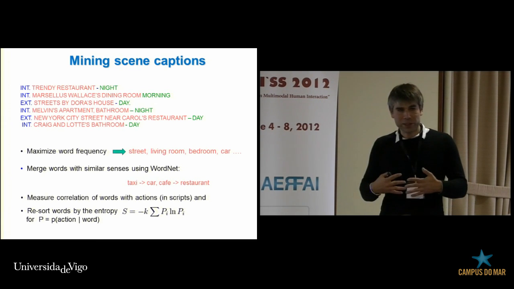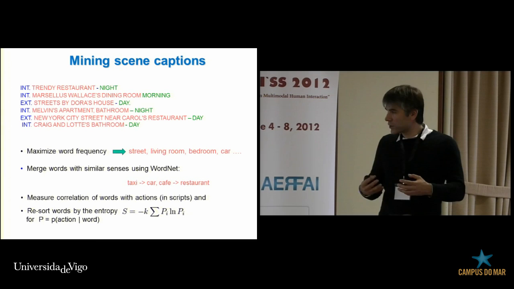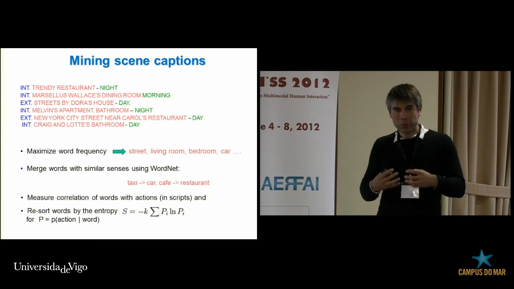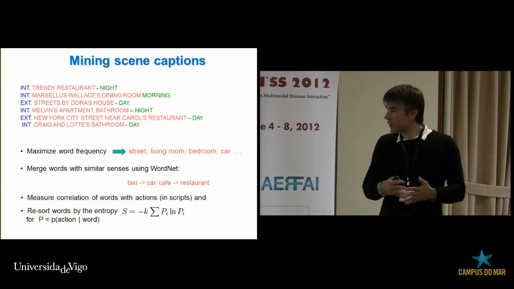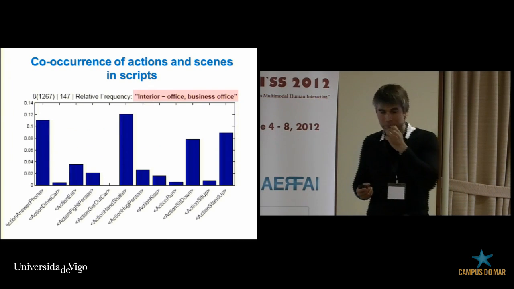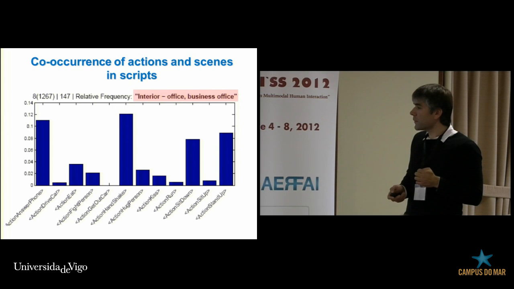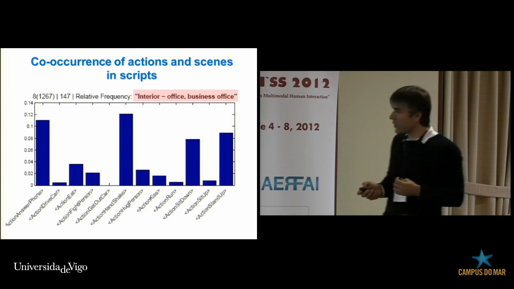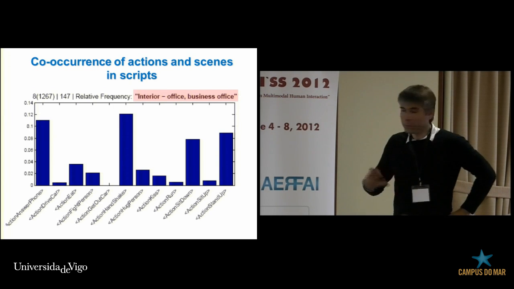We are working with the same scripts, so we can measure the correlation of the particular actions which we have used already before for training and the scenes which we discovered here.